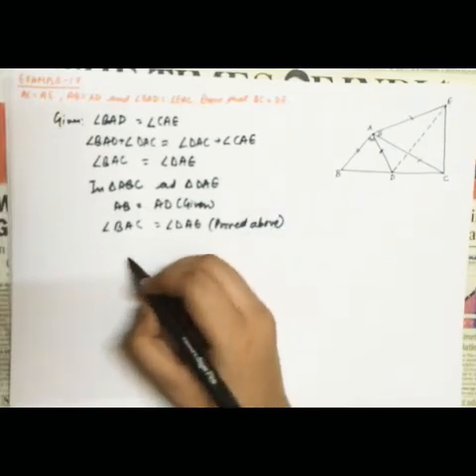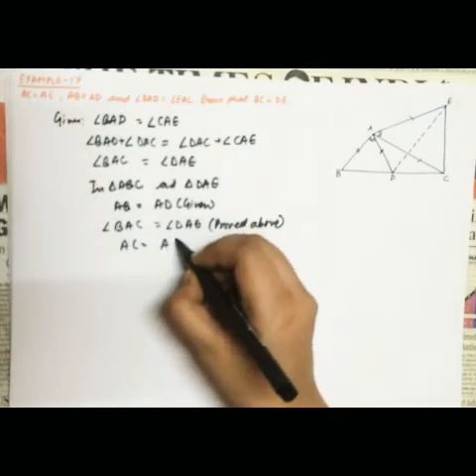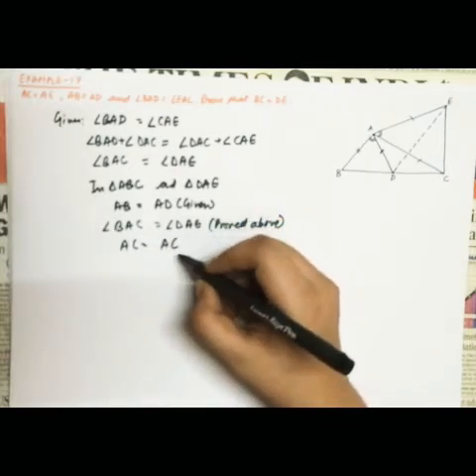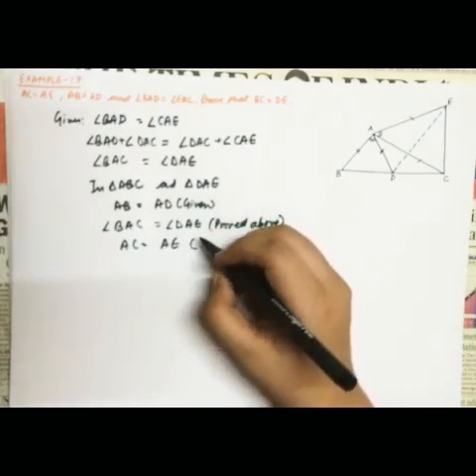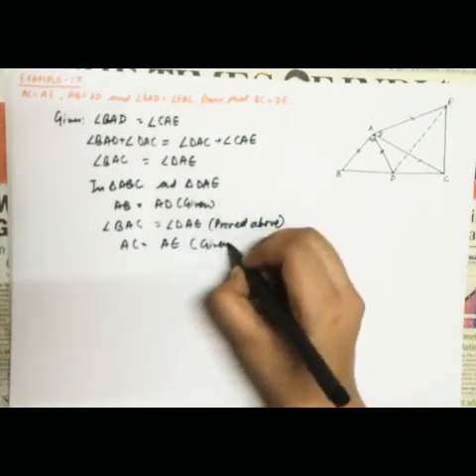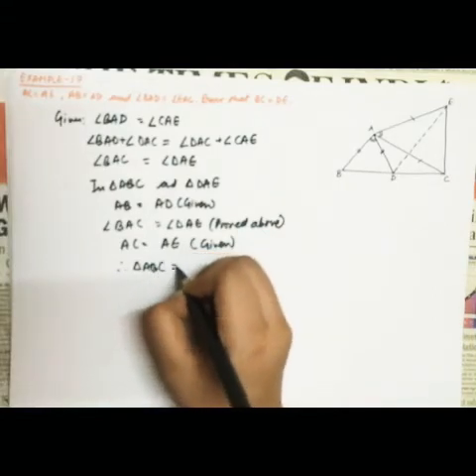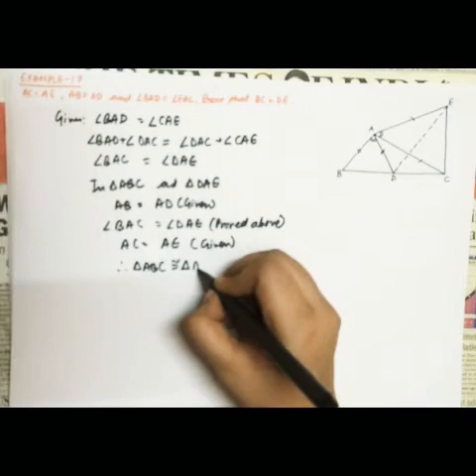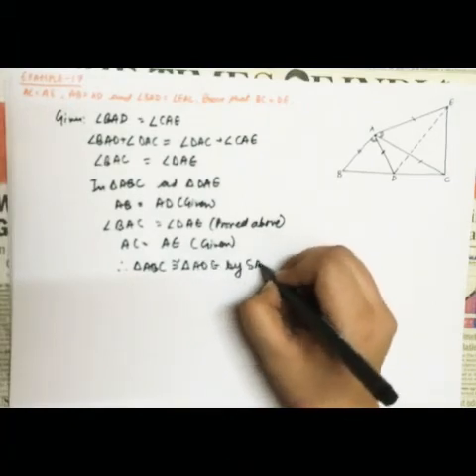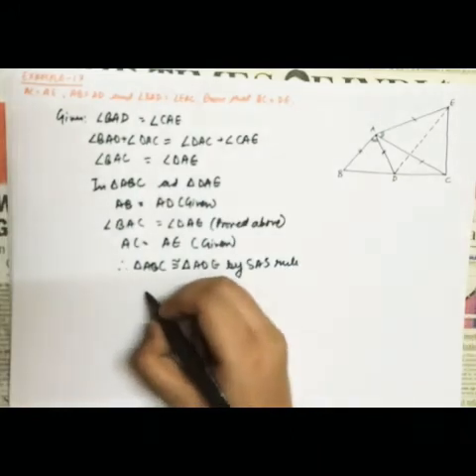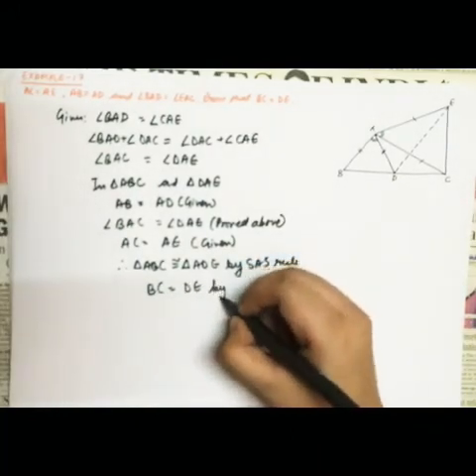Now AC is equal to AE. This is also given. Therefore, triangle ABC is congruent to triangle ADE by SAS rule. So now we can say that BC is equal to DE by CPCT.